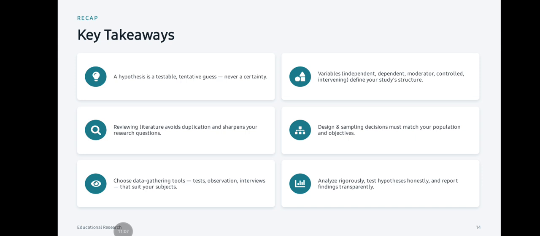Design and sampling decisions must match your population and objectives. Choose data gathering tools, tests, observation, interviews that suit your subjects. Analyze rigorously, test hypotheses honestly, and report findings transparently.